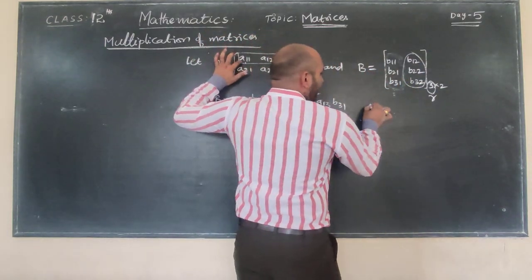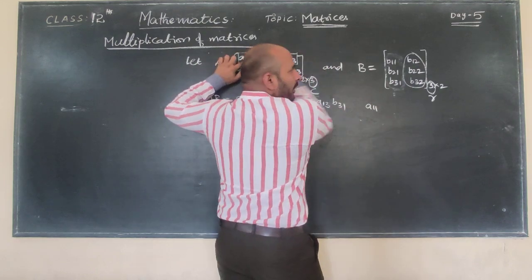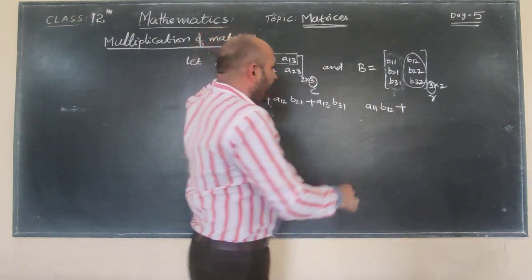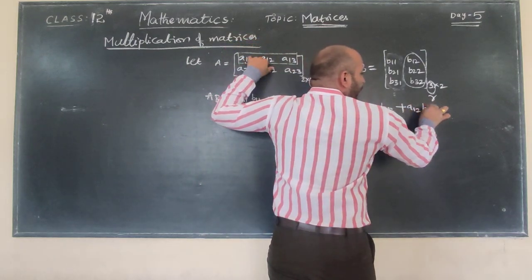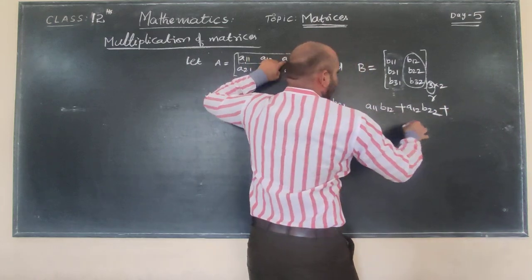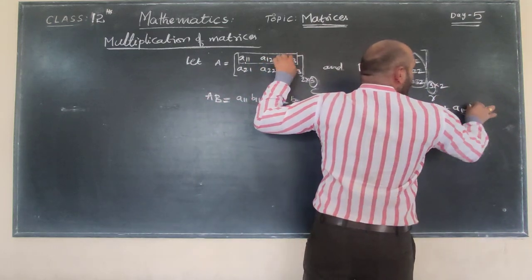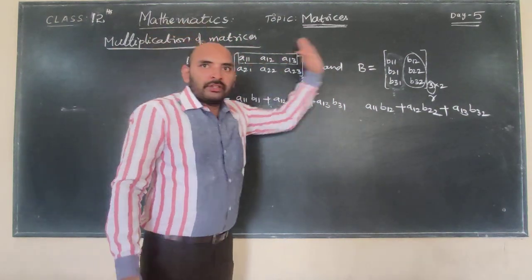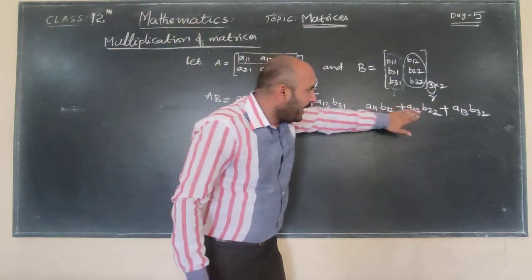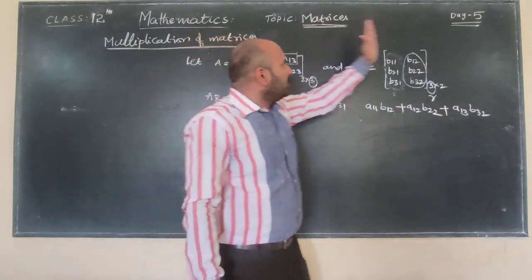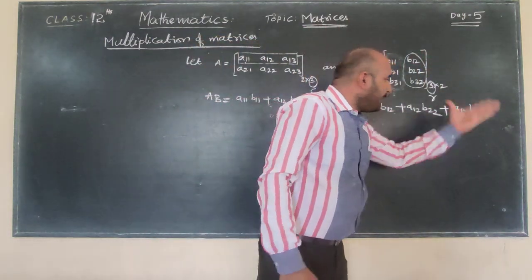A11 into B12 plus A12 into B22 plus A13 into B32. Remember, this earlier one is the element from the first row with first column, and this one comes from the first row with second column.